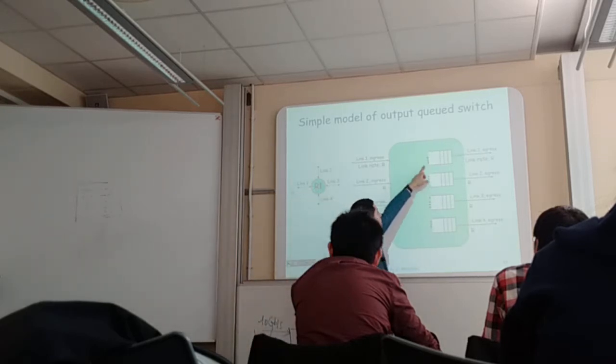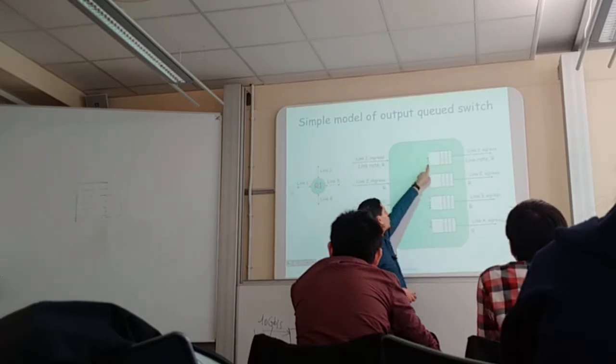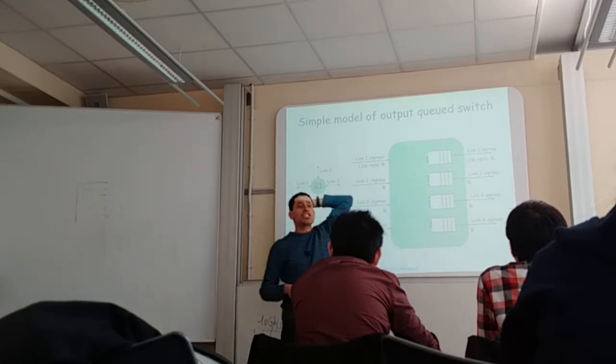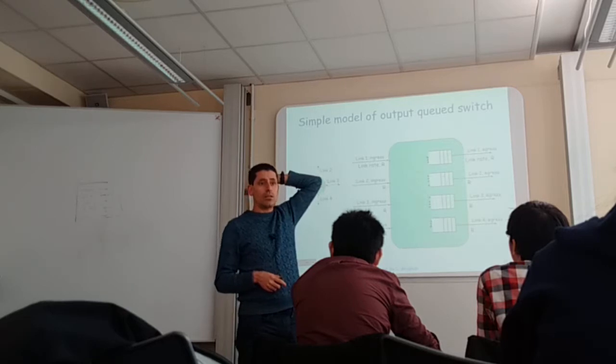But they are different. So this output link could also receive from 3 other different places. In which case would you forward the packets on the same link?